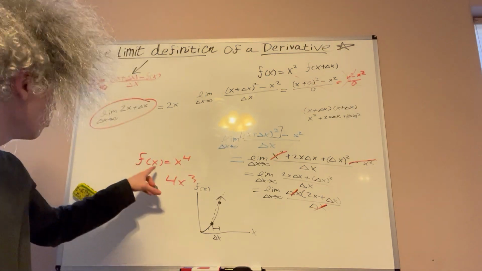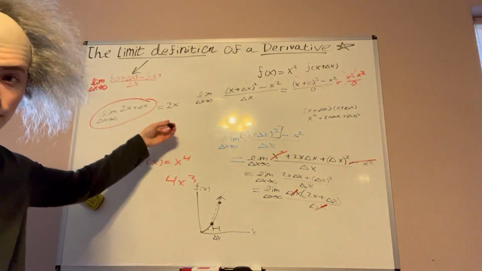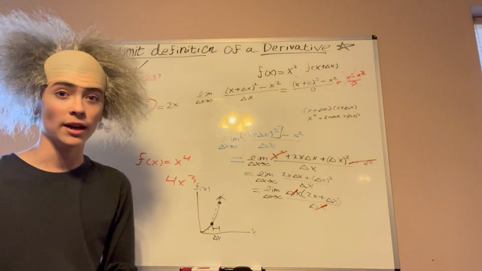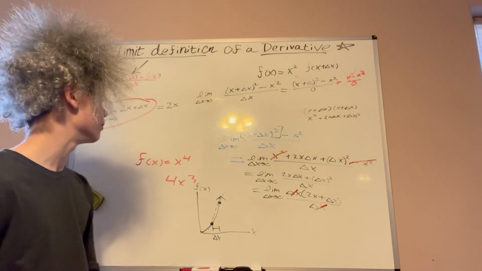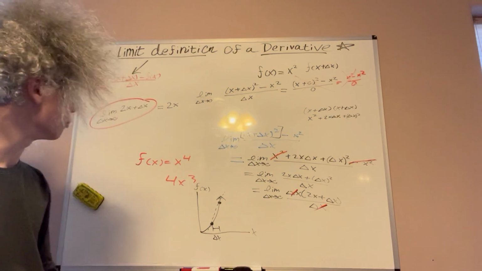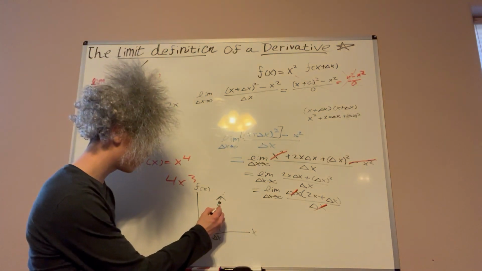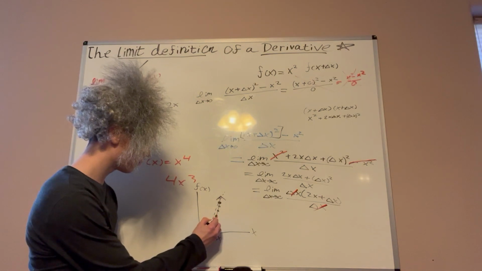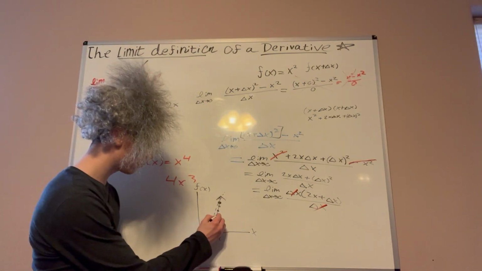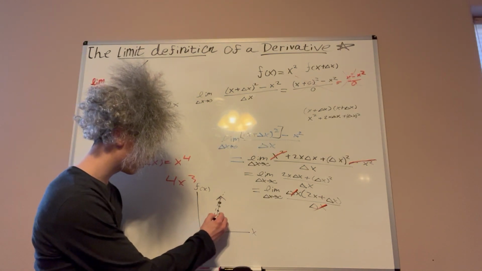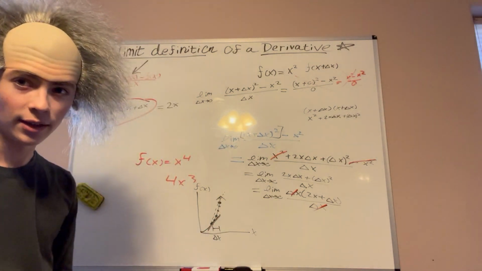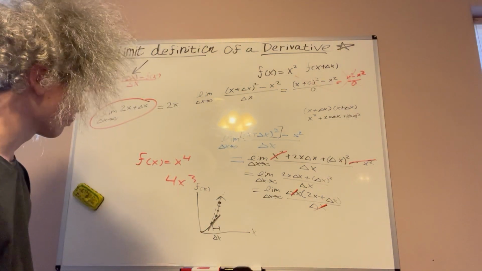I could find the slope at x equals 10,000. The slope would equal 20,000, if I plugged in 10,000 there. We get sort of a tangent slope, right?